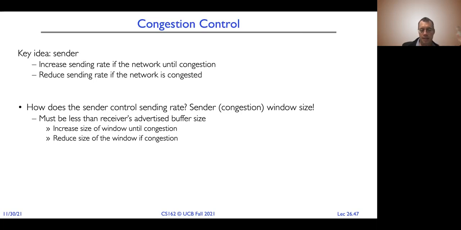We increase the size of the window until congestion, and reduce the size of the window if congestion, right? Because the window size tells me how many packets, how many bytes I can send without being acknowledged. So a bigger window means higher throughput: I can send more data before being acknowledged. With a smaller window size, if it's one packet, it's stop and wait.